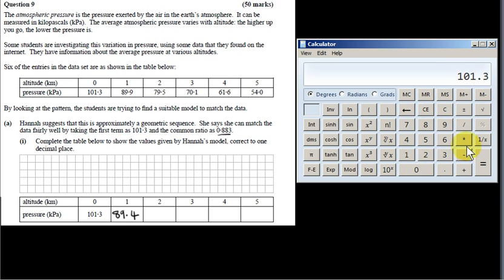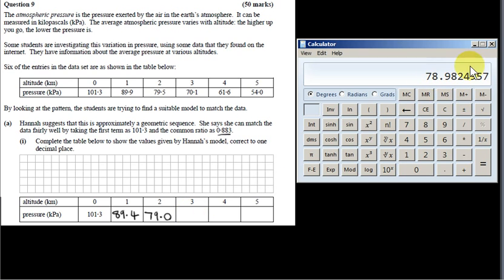So the first value was 101.3. We multiply that by the common ratio, which is 0.883. That's the value we got, and then we round it. Now, rather than multiplying 89.4 by 0.883, it's more accurate to stick with the unrounded value and multiply it by 0.883. And to one decimal place, we add 1 onto this 9, so we get 79.0.